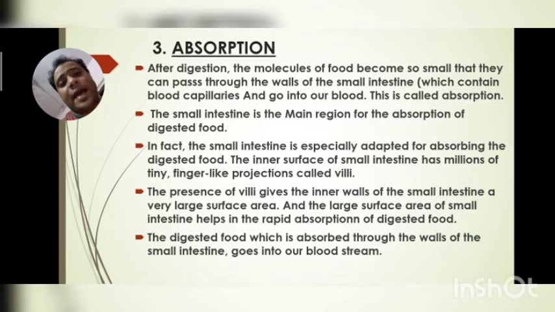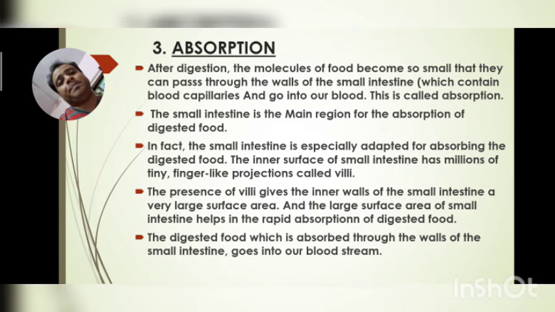After that we have absorption. What do you mean by absorption? See, absorption means the absorbing of the soluble form of food, very simple food, into the bloodstream. Blood takes only food which is very simple in form, and it can't simply absorb it.